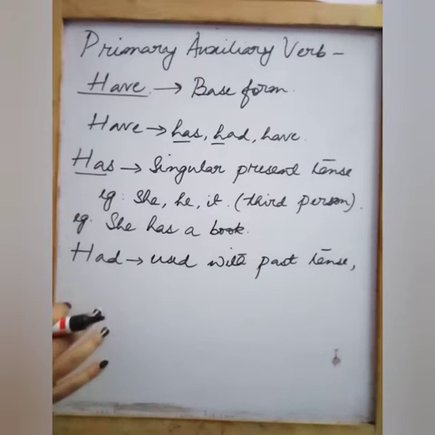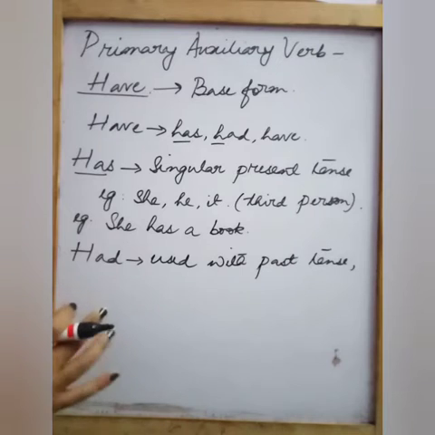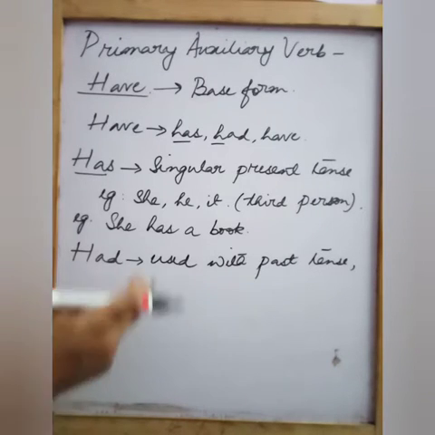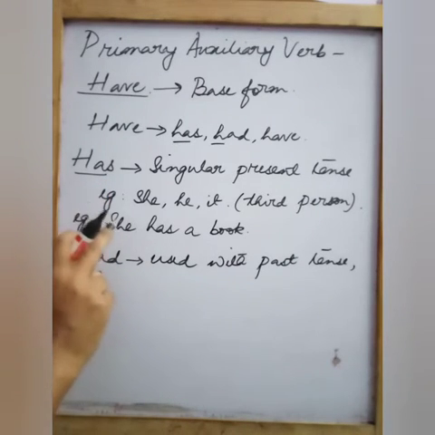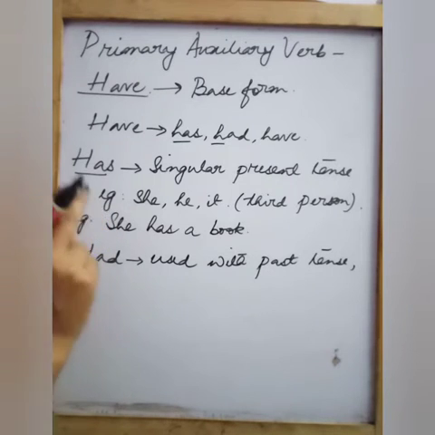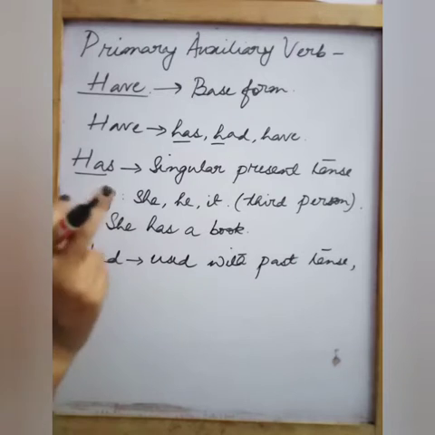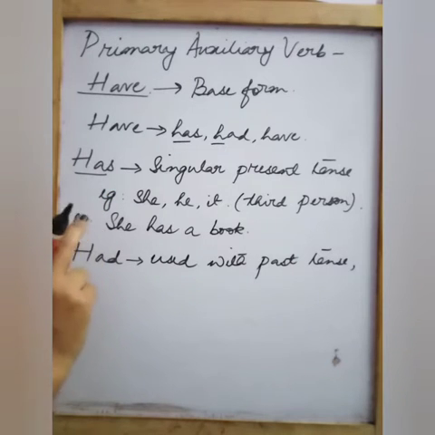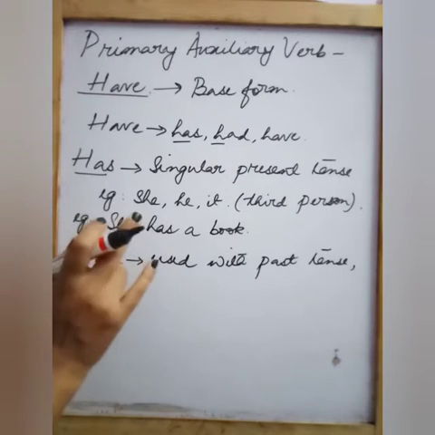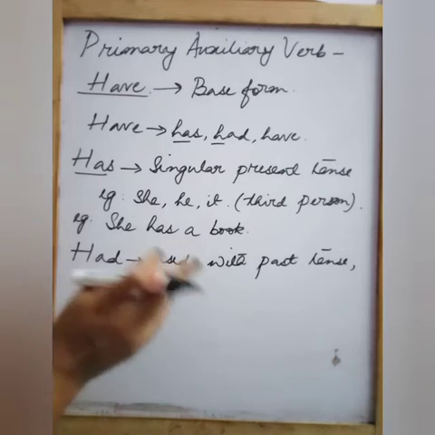Suppose I want to say she had a book. Alright, so I'm using it with what? Singular, isn't it? Singular, third person. He had a book. I had a book. You had a book. So we're using it for both first person and second person. Now let's see if we can use it with the third person or not. They had. We can use it with the third person as well.